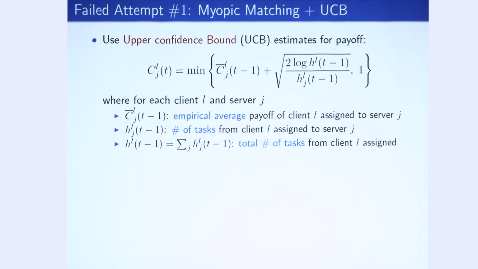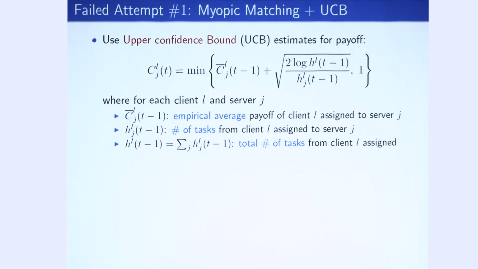This adjustment term captures the uncertainty in the estimate. In particular, H_{JL} denotes the number of tasks that have been assigned from client L to server J, and H denotes the total number of tasks that are assigned from client L. Notice that when H_{JL} increases, like when client L keeps pulling server J, this adjustment term decreases because the uncertainty decreases.